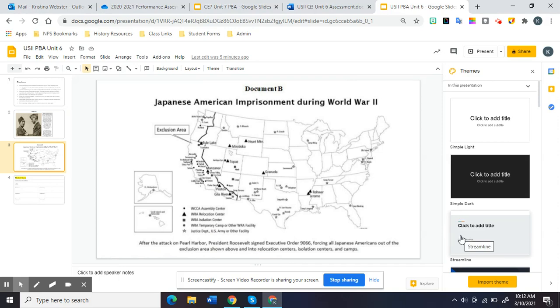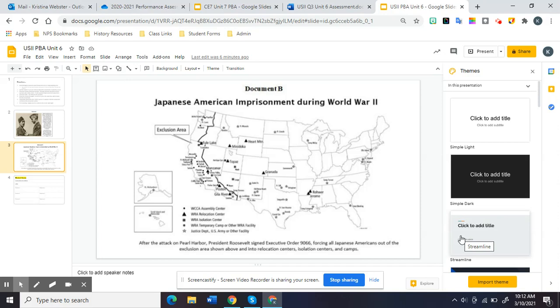Japanese American imprisonment during World War II. We have a map of the United States. The key reads, the circles are WCCA Assembly Center, WRA Relocation Center, WRA Isolation Center, WRA Temporary Camp or other WRA facility.